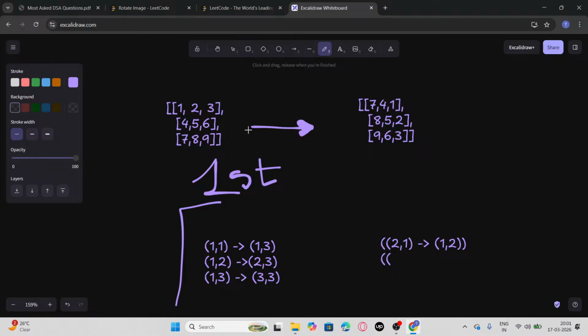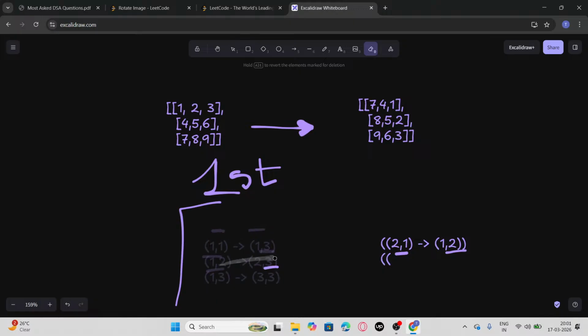If we see, the one who's at 1 1 goes to 1 3, the one who's at 1 2 goes to 2 3, the one which is at 1 3 goes to 3 2. I don't see any pattern. 2 comma 1 goes to 1 comma 2. Some pattern has to be in all those numbers, but I just can't figure out that pattern. Only if I could figure out that pattern, this problem would be solved.